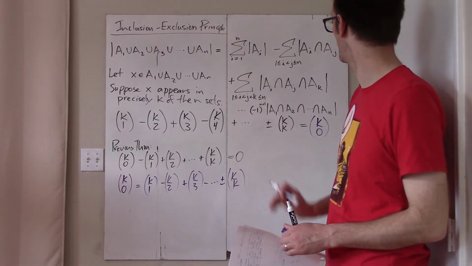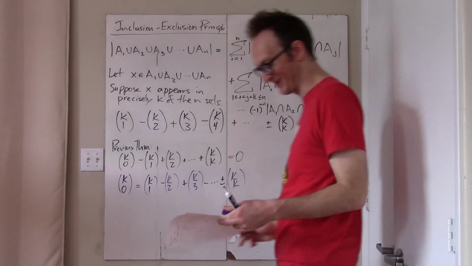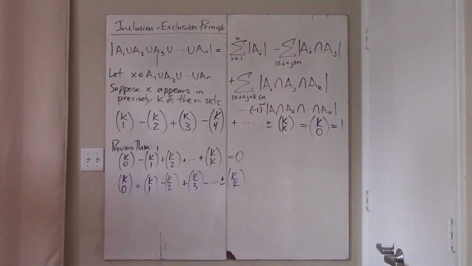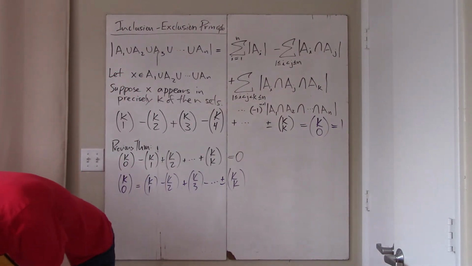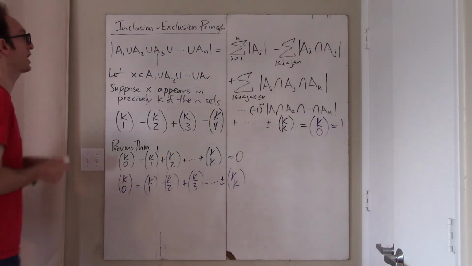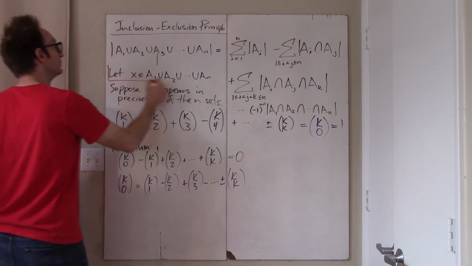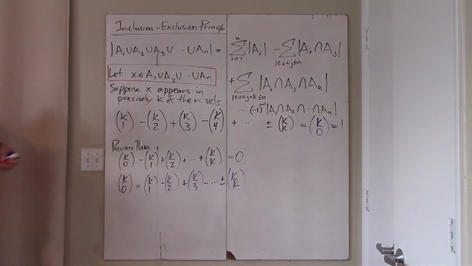And therefore, the grand conclusion of all of this is that this entire right-hand side is just 1. Or it's not that the entire right-hand side is 1. It's that for this arbitrarily chosen x value, which is in precisely k of those sets, it gets counted once.